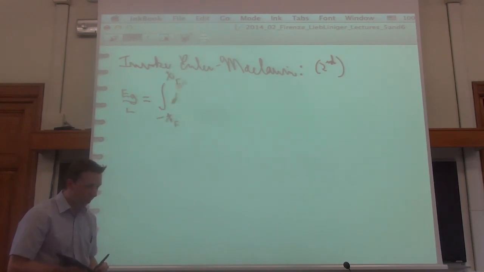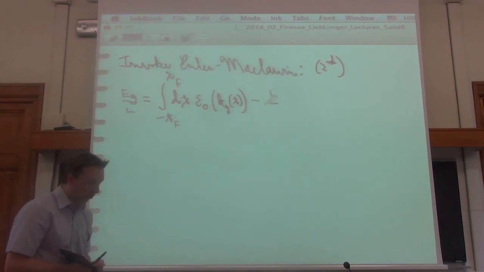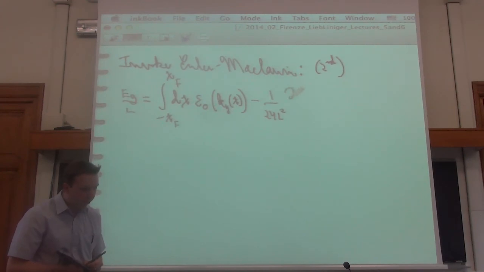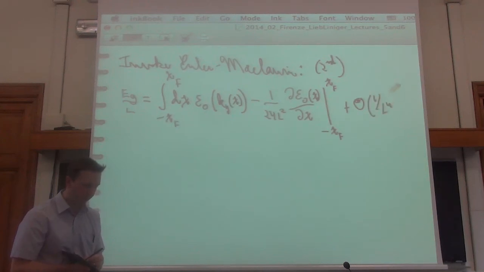I'll just tell you what these things are. dx, and now epsilon 0 of k ground state of x. And then there are these little corrections, minus 1 over 24 L squared with the variation of epsilon 0 written in x space, dx, minus xf to xf, plus order 1 over L to the 4.